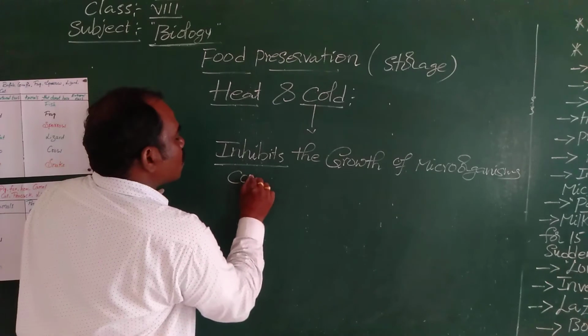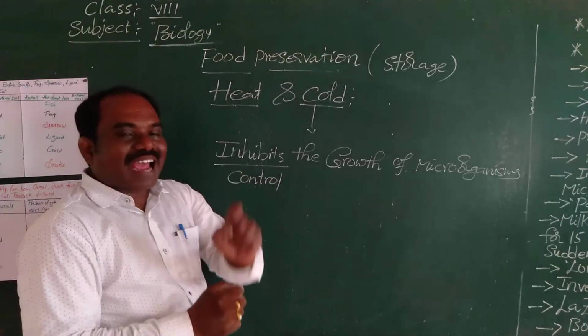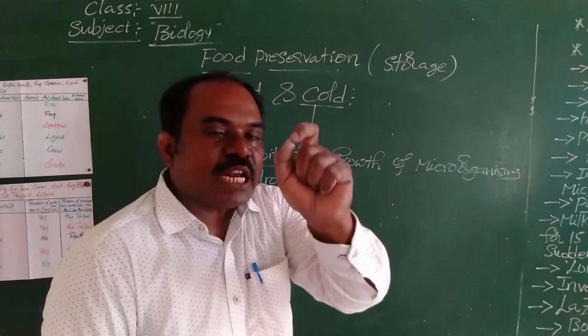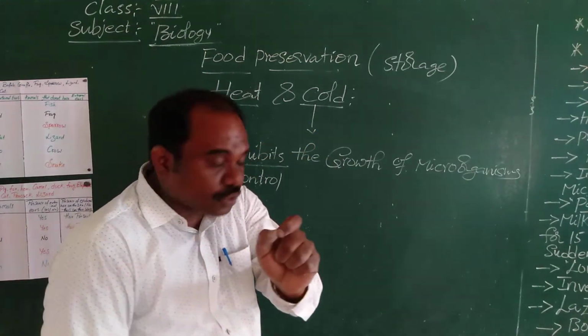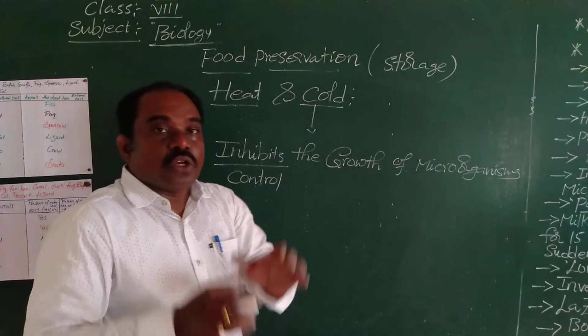Inhibits means controls the growth of microorganisms. Cold climatic conditions, very low temperature, help control the growth of microorganisms.